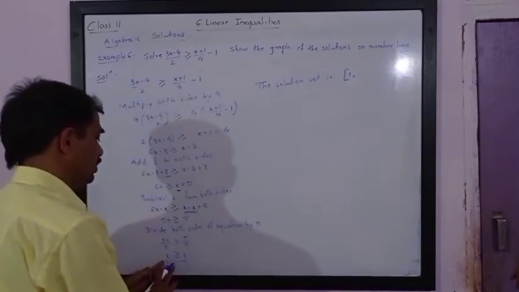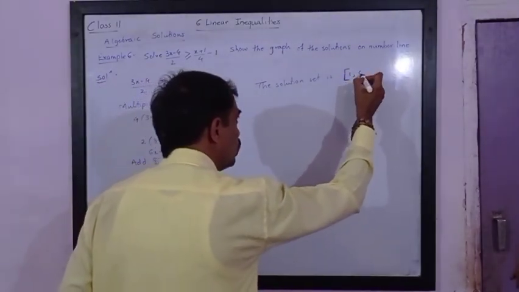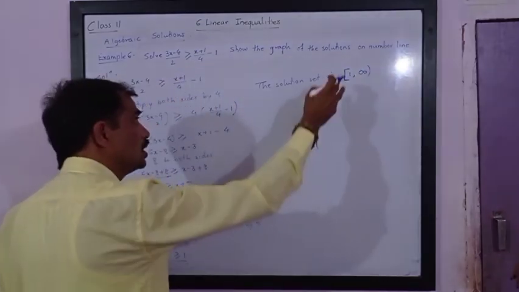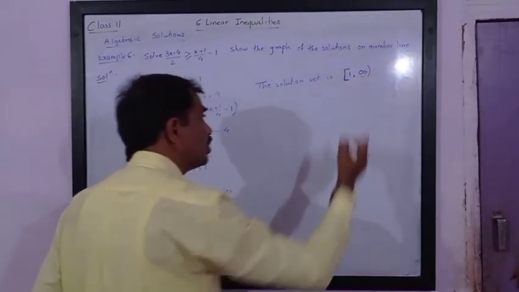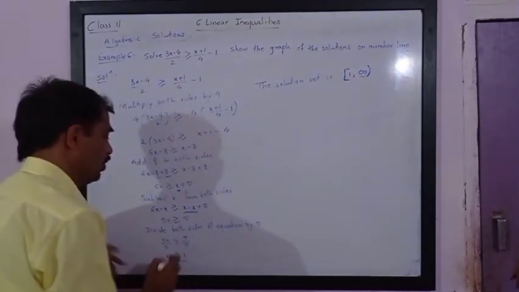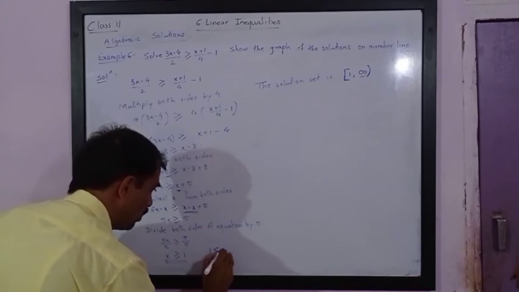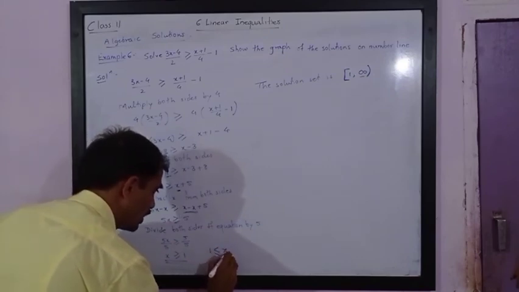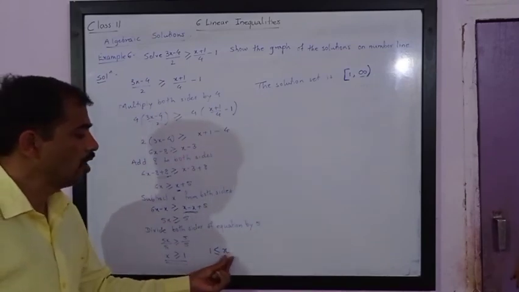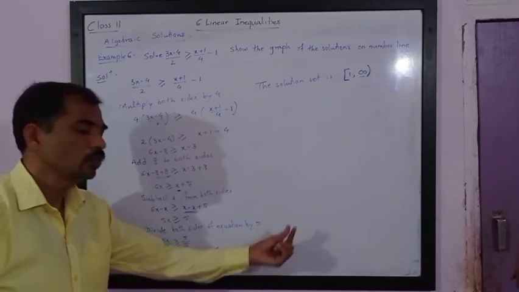So in interval form, square bracket 1, comma, infinity. Since infinity is not a defined number, we exclude it by making a round bracket. Here you can notice this can be written as 1 is less than or equal to x, which means x is greater than or equal to 1. So x will have all the values from 1 to infinity.